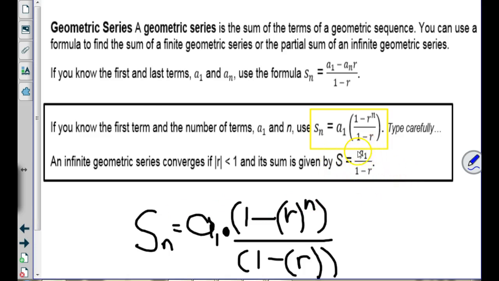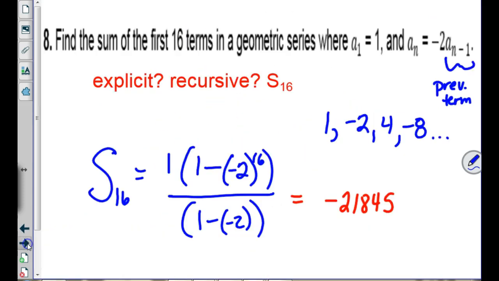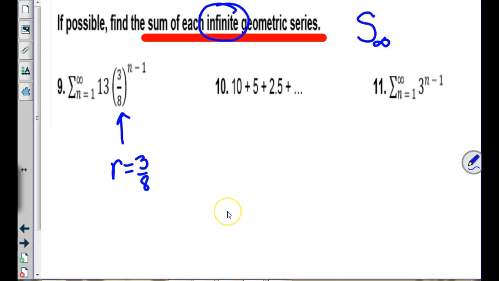is this guy right here, a sub 1 over 1 minus r, when we're doing infinite series, my bad. So it's the first term, if we put in a 1 here, this would be to the 0 power, so the first term is just 13.